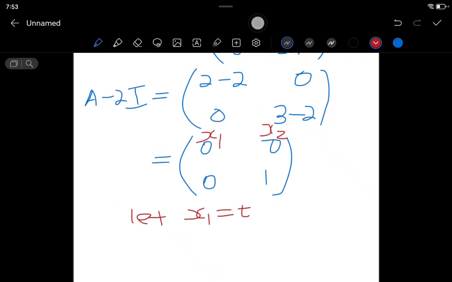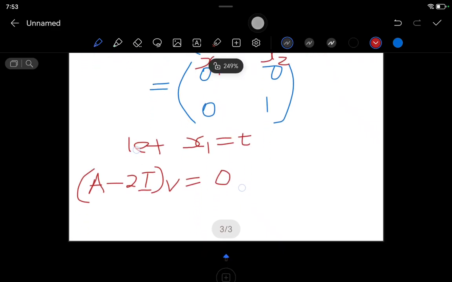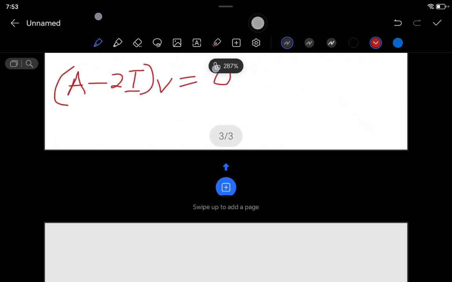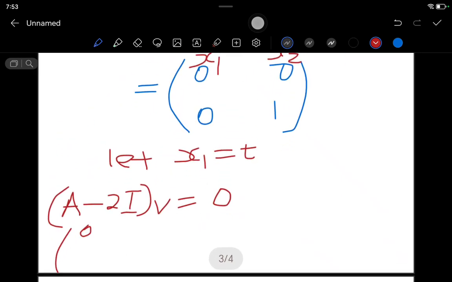Then if I use this equation, Av is equal to, not Av, let me just write it like this so we can save time. Av is equal to 0. We're going to find that this is 0 0 0 1, and then this is x1 x2, which is equal to 0.